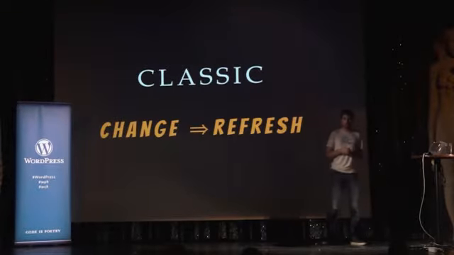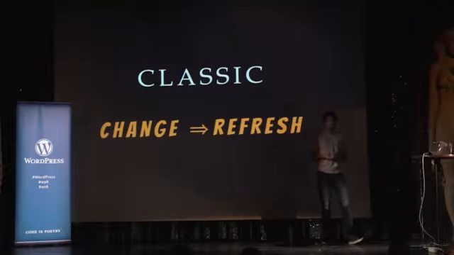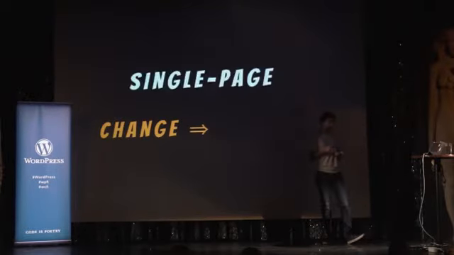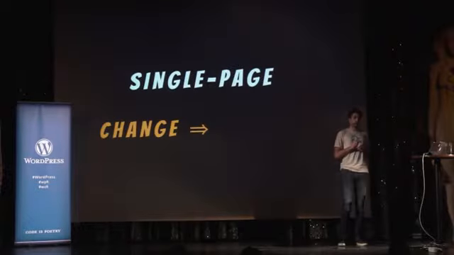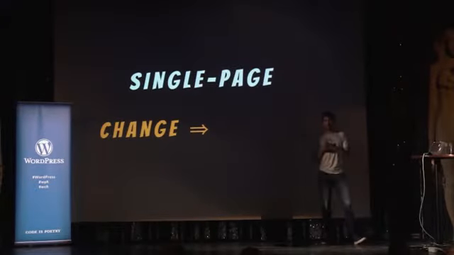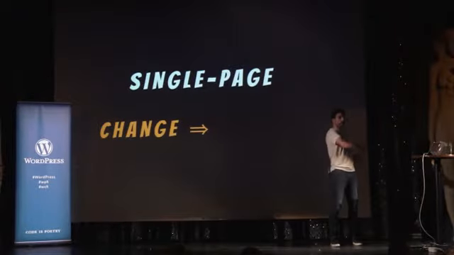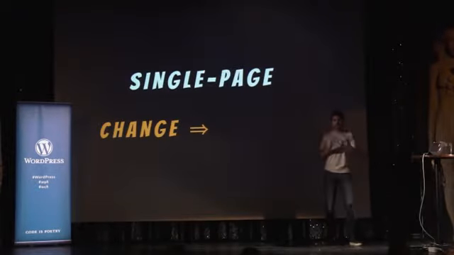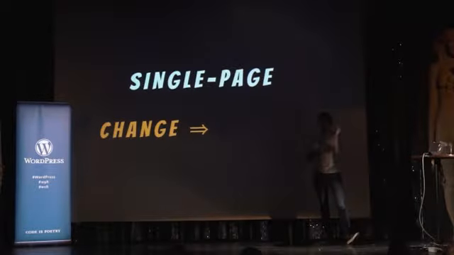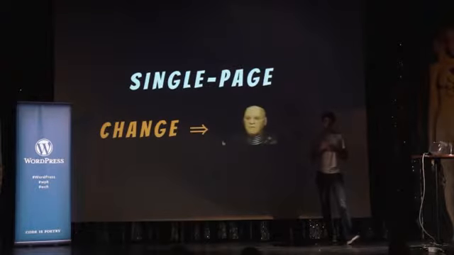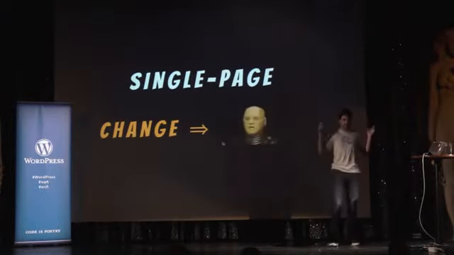However, in single-page applications, we don't start from scratch at every single request. Instead, we have to apply a small number of changes to the UI. We have to go get some more data from the server, come back, and then change only the small bit that changed. So it very often leads to huge amounts of complexity.